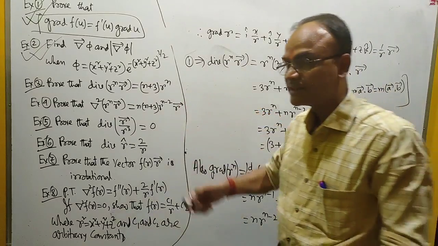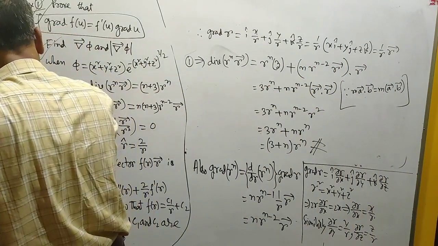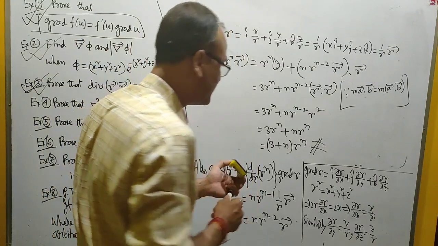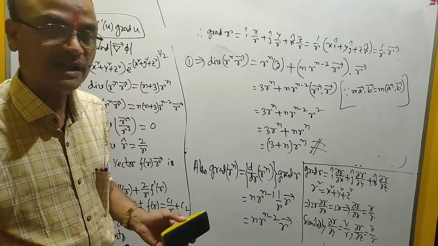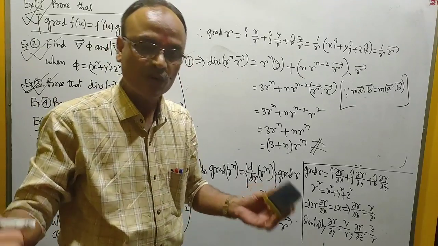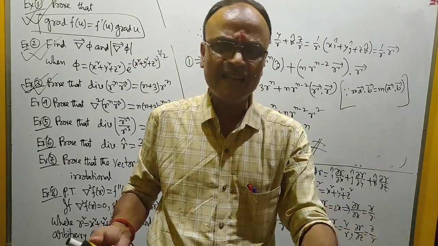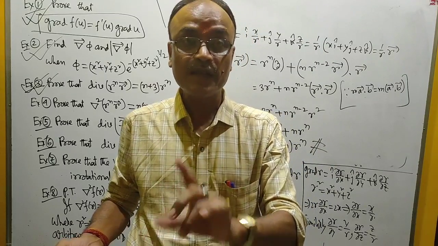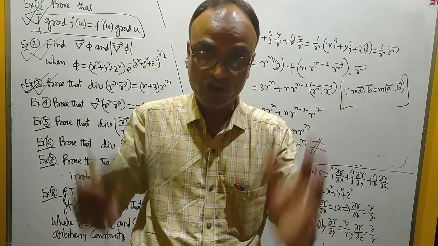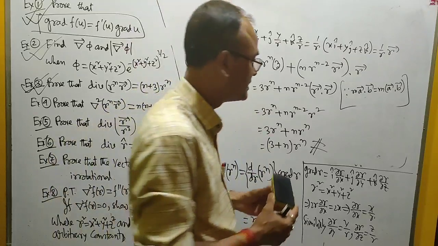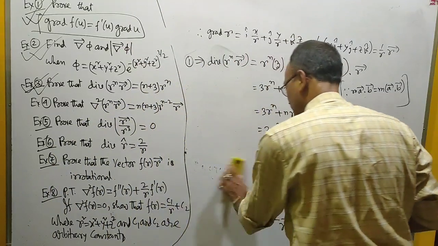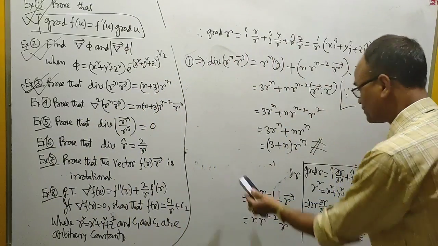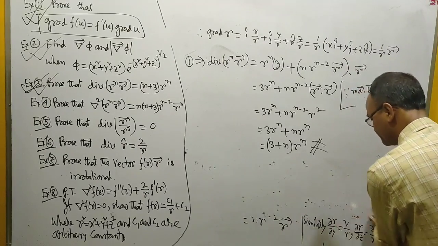We have proved number 3 also. Perhaps you have understood this. We have applied the vector identity: divergence of phi a vector equals phi divergence of a vector plus gradient of phi dot a vector.